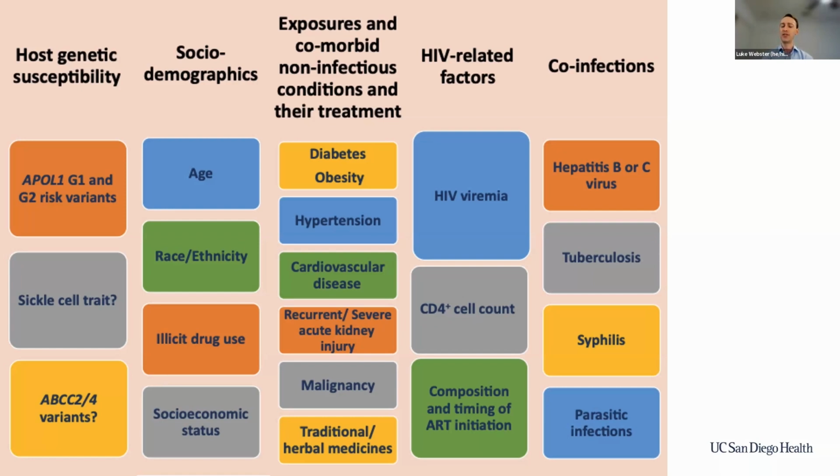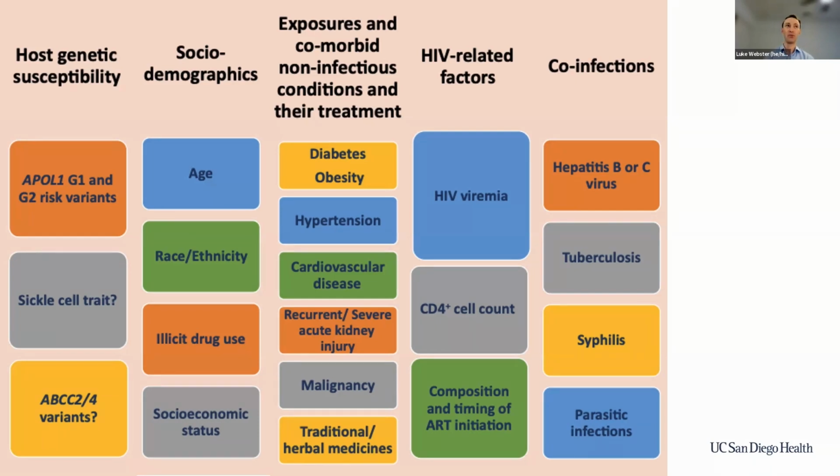And if patients have HIV, CKD, and hepatitis C, their risk of progression is almost 3 times that of a hepatitis C negative individual. Syphilis is an important driver, and to a lesser extent parasitic infections.